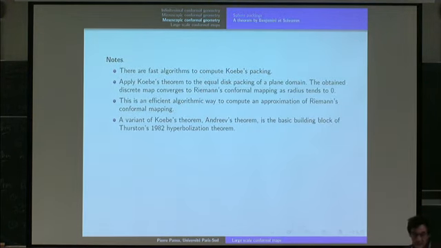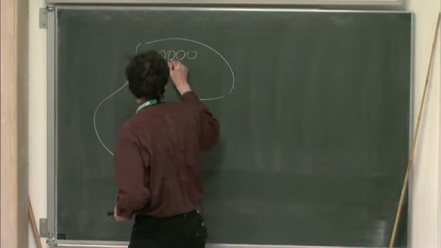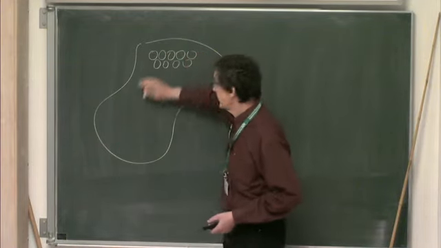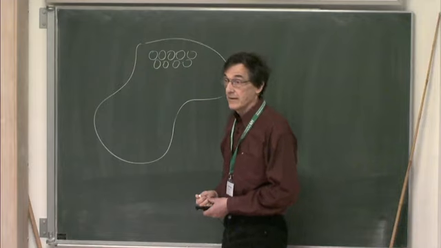So it turns out first that this Koebe packing can be computed efficiently numerically, and then I think it was Thurston who suggested the following procedure. Given some planar domain, draw a part of the standard equal radius circle packing of the plane, the part which is contained in the domain.